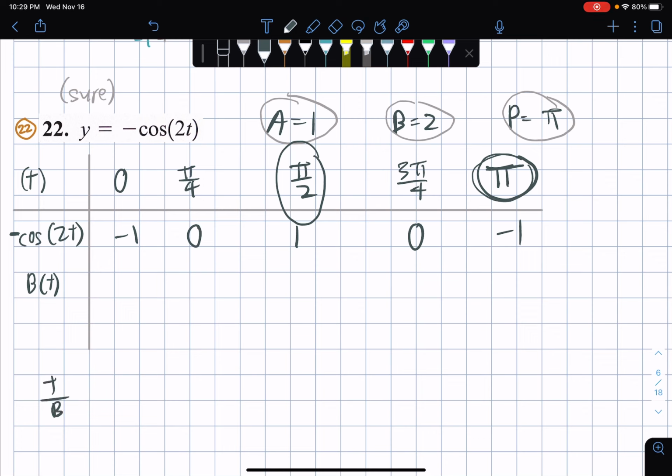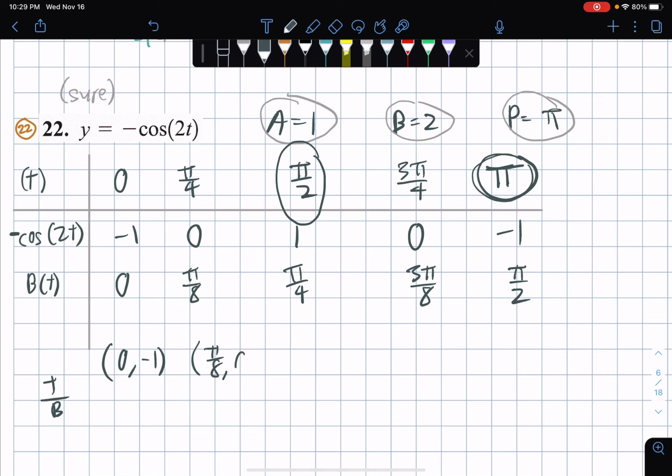So 0 divided by 2 is 0. Pi over 4 divided by 2 is pi over 8. Pi over 2 divided by 2 is pi over 4. Then 3 pi over 8. Then pi over 2. Now, let's make the coordinates.